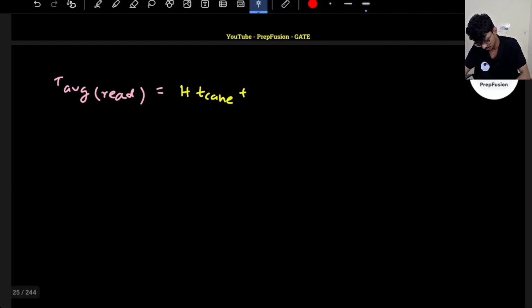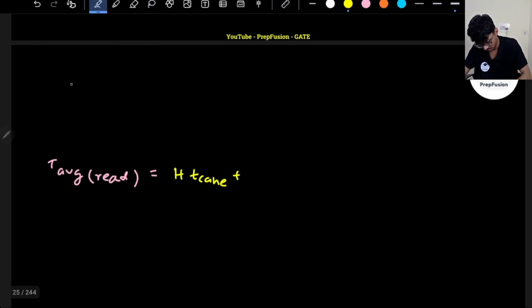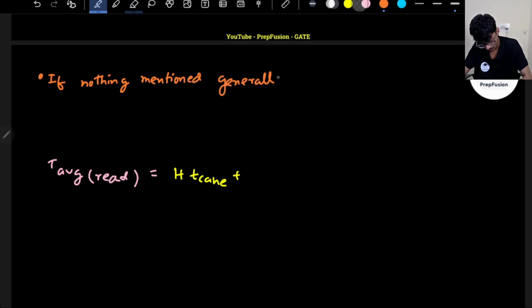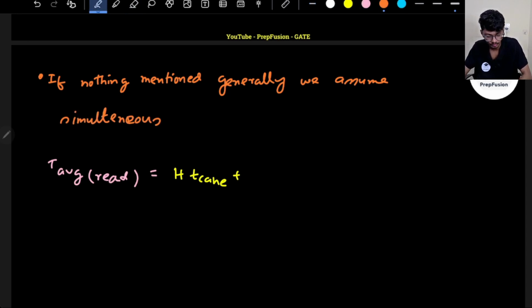So if nothing is mentioned, generally we assume simultaneous access. But for standard questions, don't worry, it will be given whether it is simultaneous access or hierarchical access.